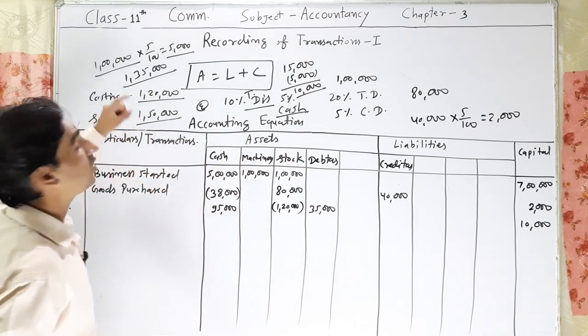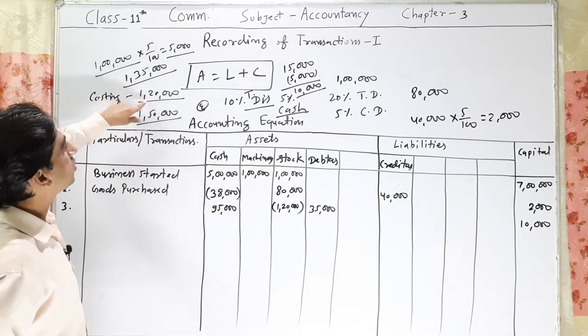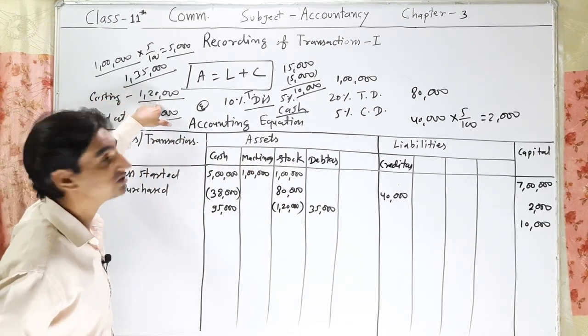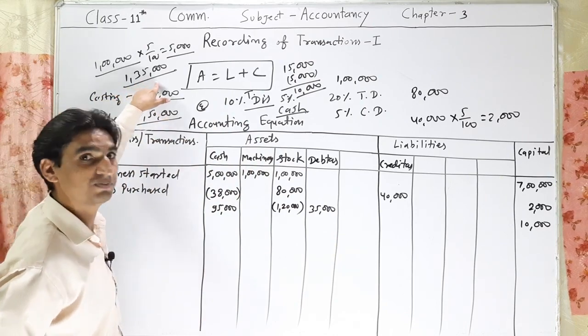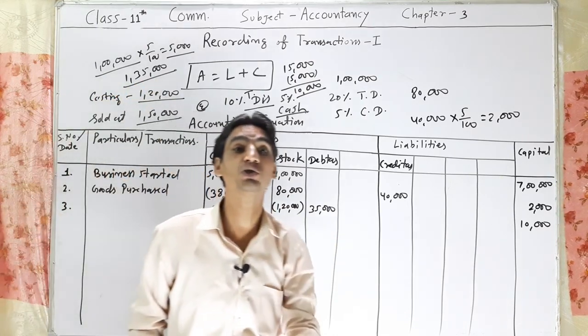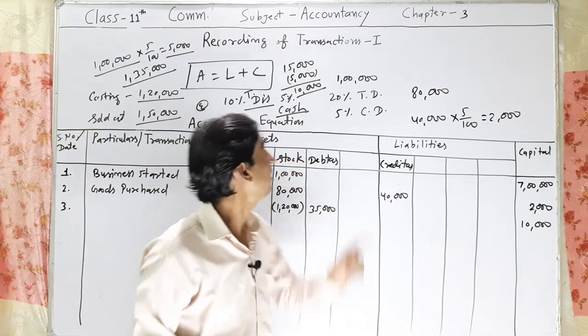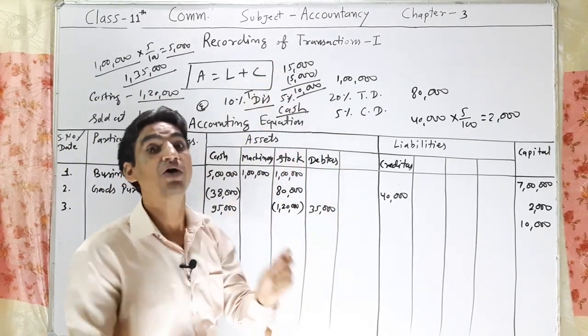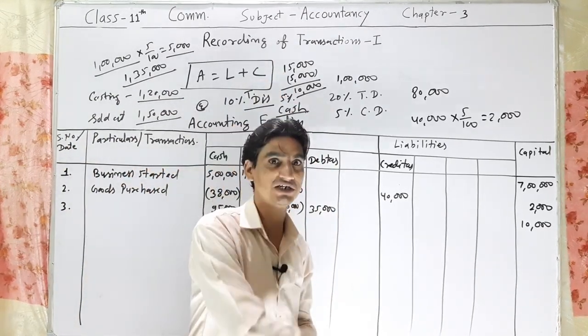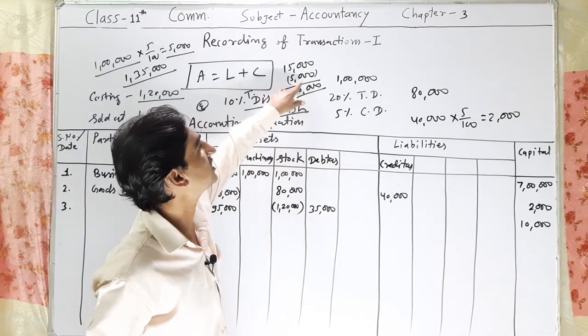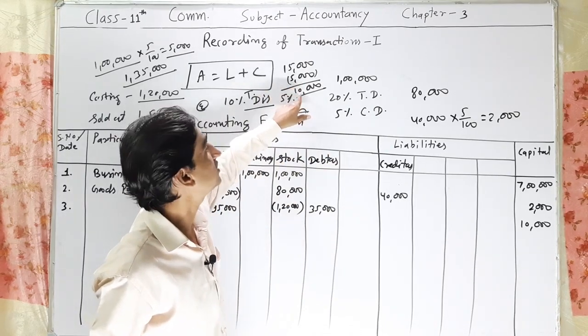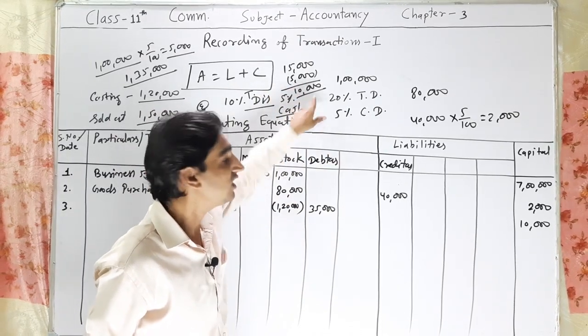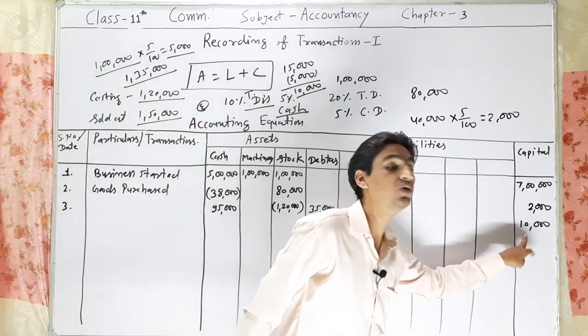The profit on this transaction: cost price 1,20,000 and selling price 1,35,000, so the total profit is rupees 15,000. Minus the 5% discount, 5,000, the net profit will be 10,000. This profit will be added to capital.